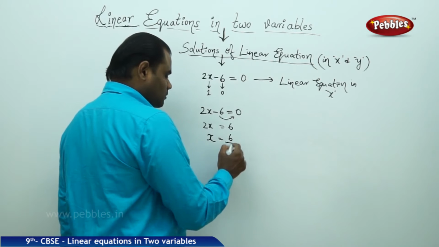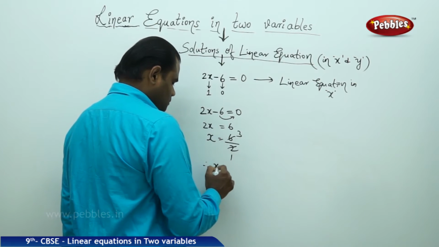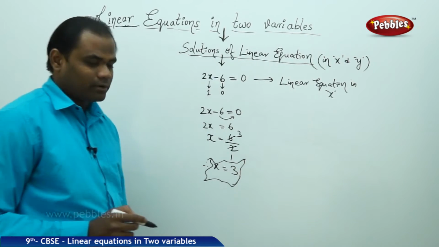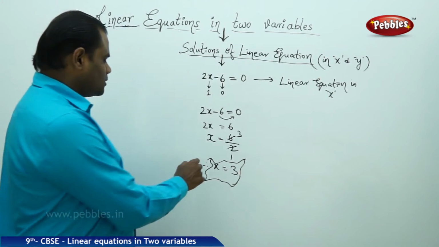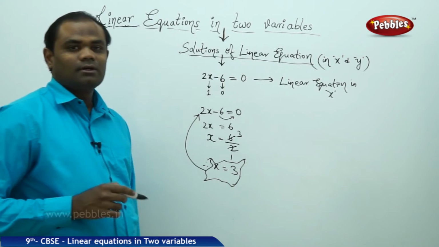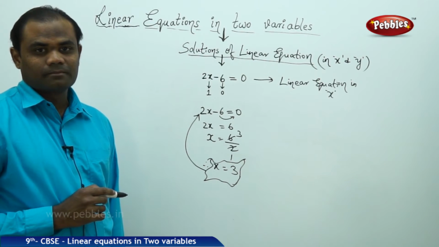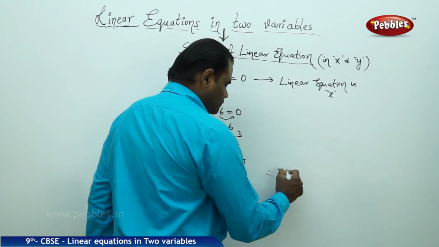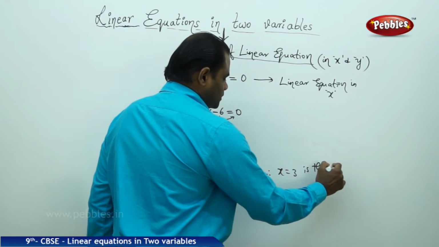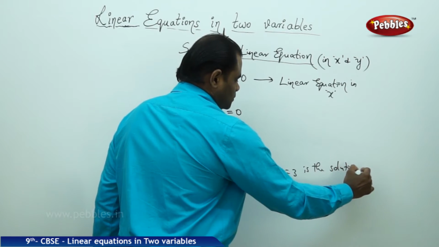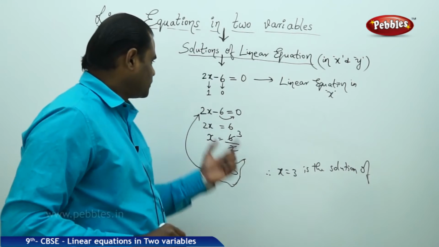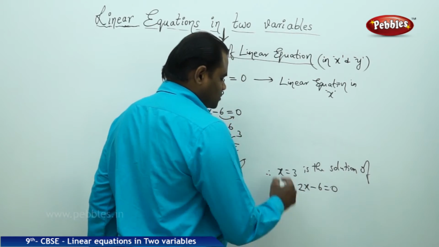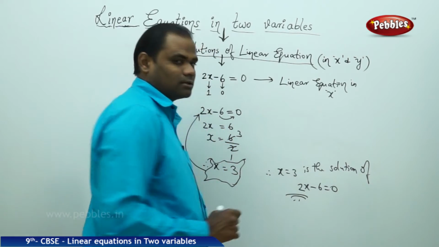And then on further simplification, I get this to be 3. Therefore, x equal to 3 is said to be the solution of the given linear equation. Is how we understand the solution. Therefore, x is equal to 3 is the solution of the linear equation in one variable x, that is 2x minus 6 equal to 0, is how I conclude.